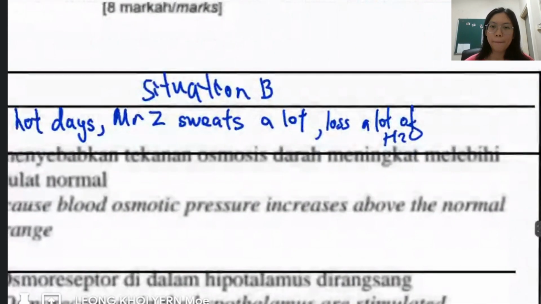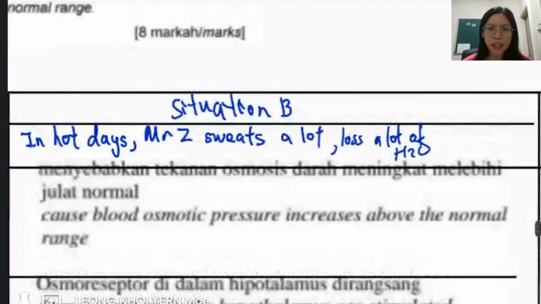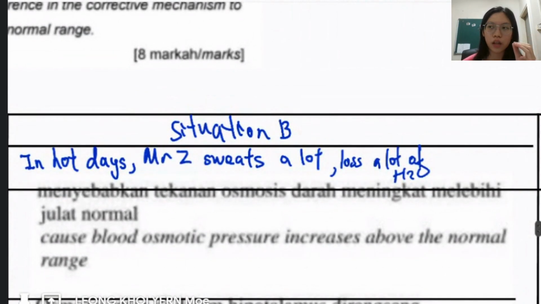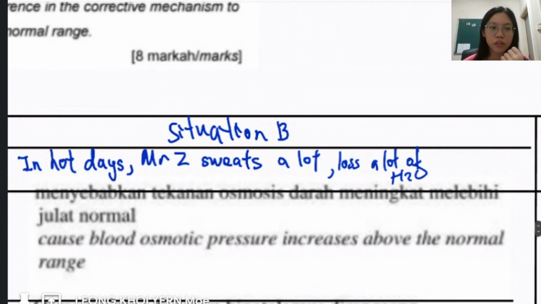After you mention blood osmotic pressure, it will stimulate a response. When your blood osmotic pressure deviates from the normal range, a receptor will get the signal that your blood osmotic pressure has increased above the normal range.